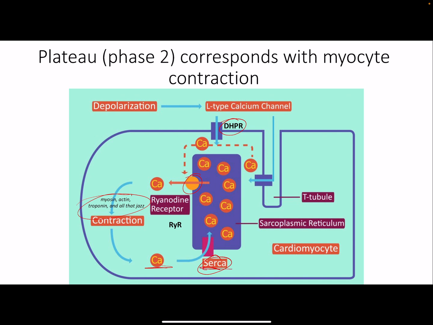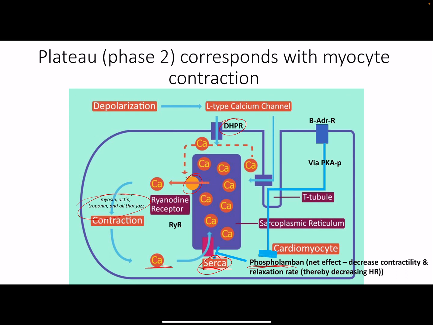So SERCA is really necessary for the relaxation, and the relaxation is necessary for a big next contraction, a large subsequent following stroke volume. We have some protein called phospholamban, which is inhibiting SERCA, which means we'll have less contractility and less relaxation. Beta-adrenergic receptors via PKA can phosphorylate the phospholamban, inhibiting it.